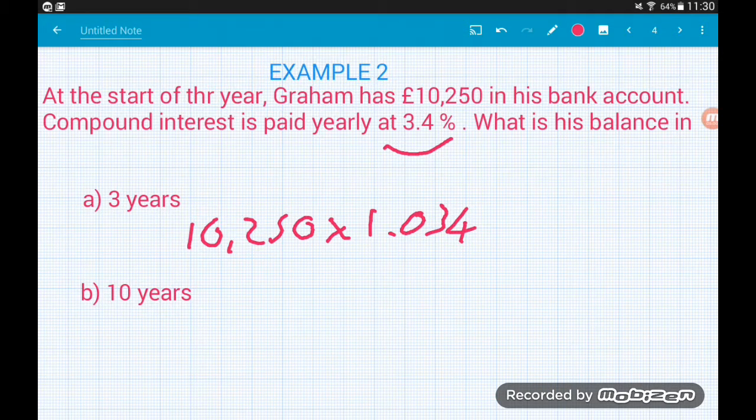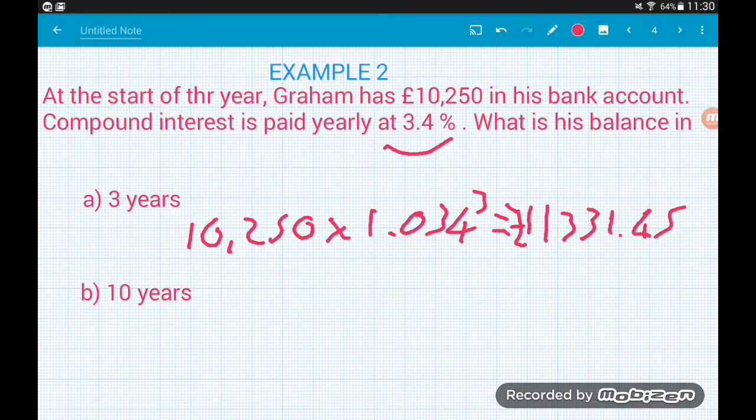Now we want to know his balance after 3 years, so we stick a little power of 3 on the 1.034. Chuck that into your calculator and make sure that you get, to 2 decimal places, £11,331.45.